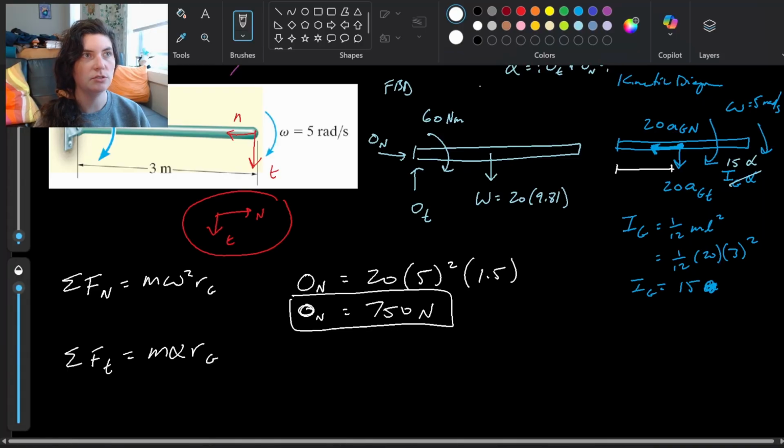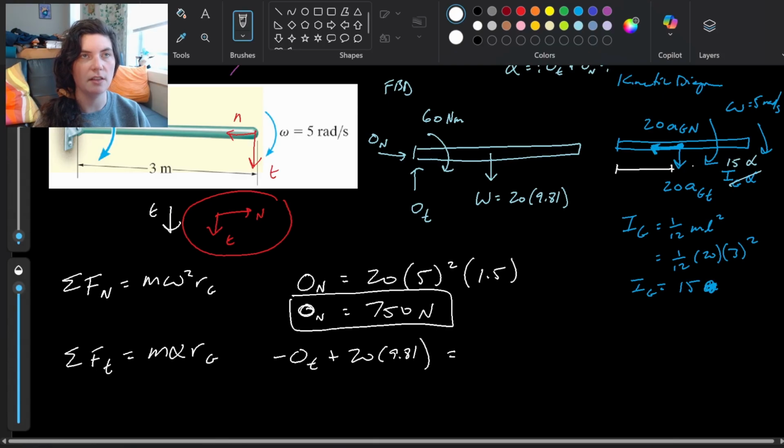So for our forces for that left side of the equation, we're going to look at our free body diagram, and we have the tangential component of the reaction force at O. We have the weight, so minus 20 times 9.81. And I can see I actually didn't follow my own sign convention. My sign convention says that T is positive downwards. So let me flip the signs on this and just keep my sign convention straight. And those are all of the forces I have on the free body diagram in the T direction.